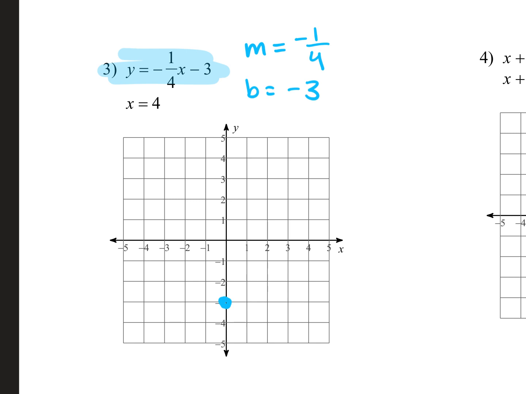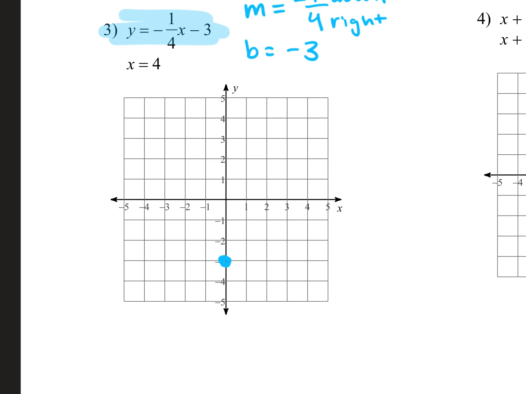And how do I do the slope of -1/4? Which direction am I going? Down 1 and to the right 4. So we'd go down 1 and to the right 1, 2, 3, 4. And then we can connect our dots.